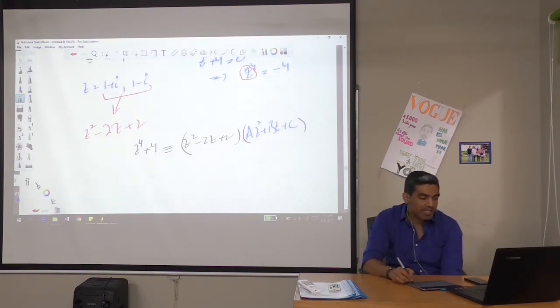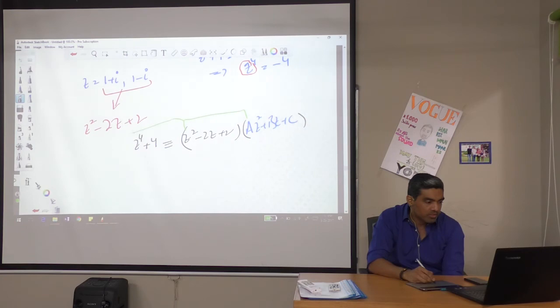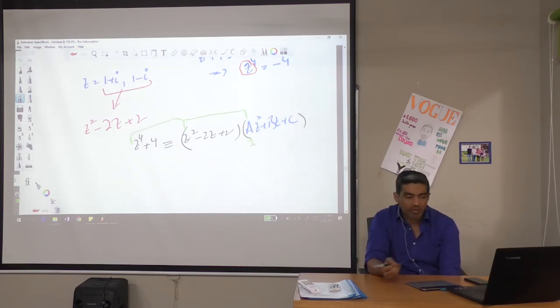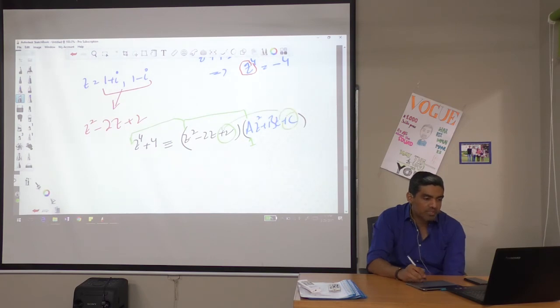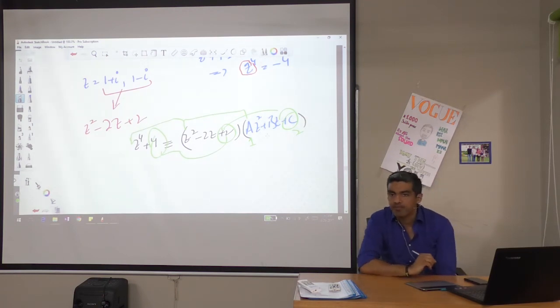No worries about a and c. We can easily find the values of a and c by just comparing. a times 1 should give you 1, so a is definitely 1. And 2 times c gives you 4, so c has to be 2. Now it's only a matter of b.